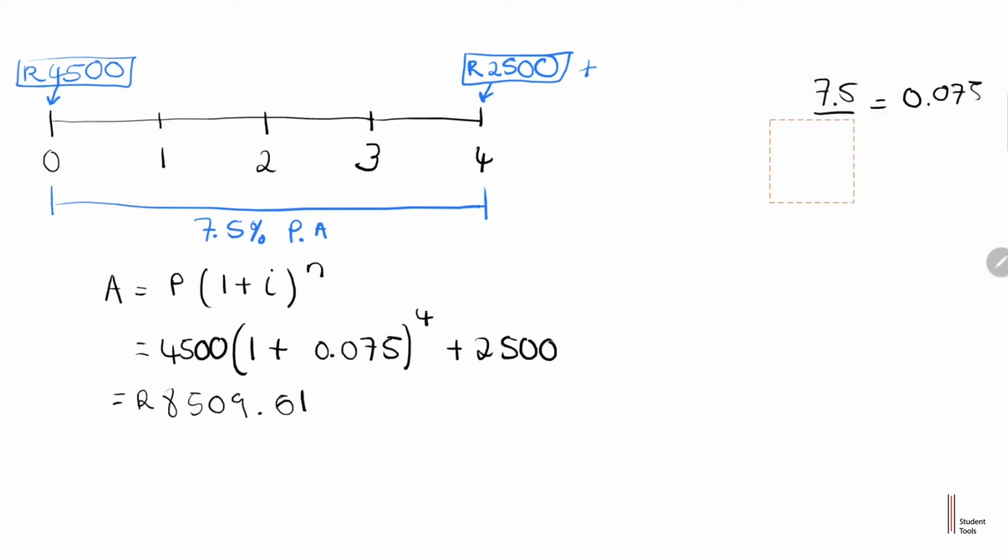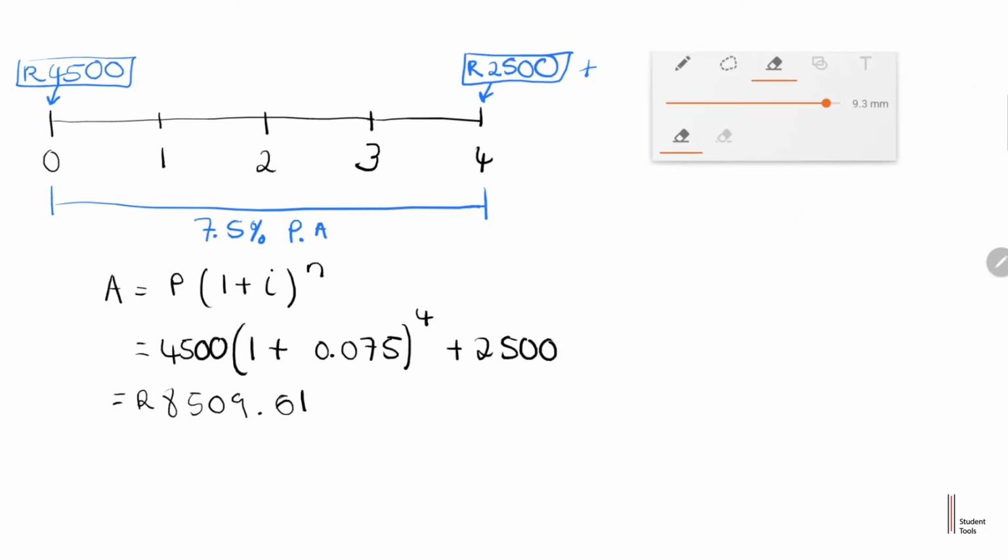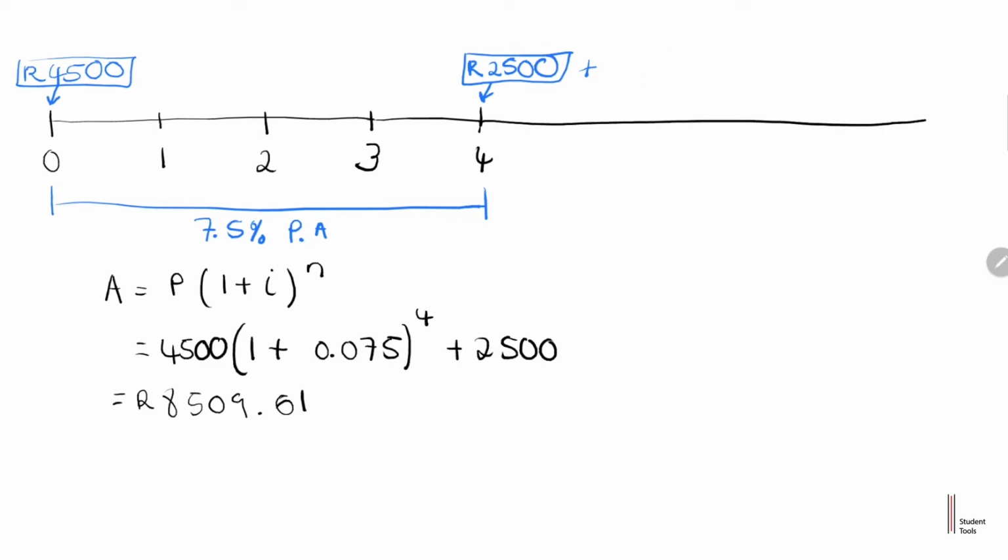All right, let's remove this. We'll make this a little bit longer. So we have 5, 6, 7, 8, 9, 10. All right, now we have that.